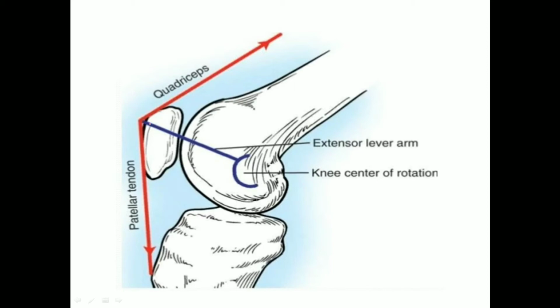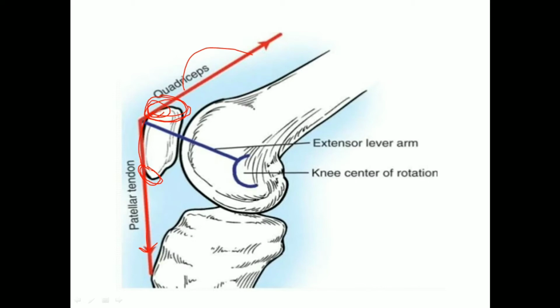Now as we can see in this diagram, the quadriceps tendon is inserted here. Okay, and from there it passes over the patella from the upper part, and the lower part is known as our patellar tendon. Now, when the quadriceps muscle contracts, more tension is generated on the superior part, and there is less tension on the inferior part.